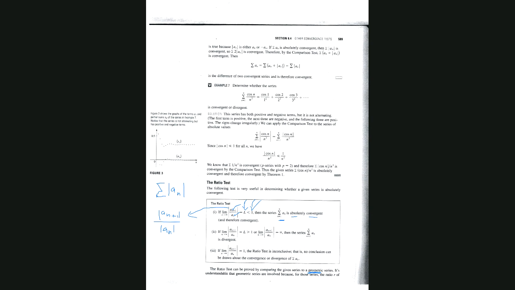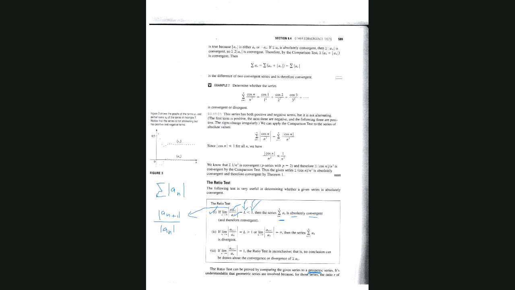So what this first statement is saying is, if you look at the eventual behavior of the series, and a term in the series divided by the previous term converges to a constant L, which is less than 1, you're saying that your series eventually behaves like a geometric series.